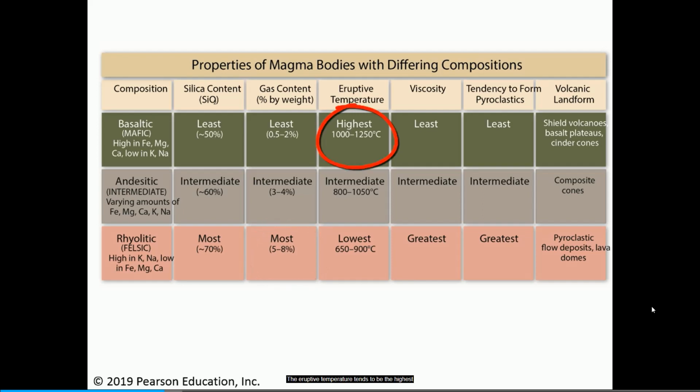The eruptive temperature tends to be the highest for the mafic lavas. It tends to be the lowest for the felsic lavas, and this has a big influence on viscosity. Viscosity is resistance to flow. You might have heard that blood is thicker than water, blood is more viscous than water, honey is even more viscous than blood, and motor oil is even more viscous than honey.